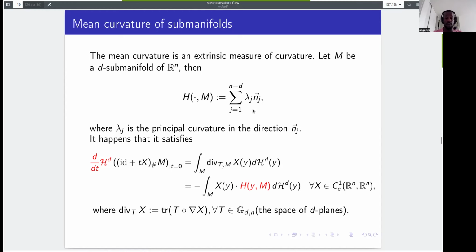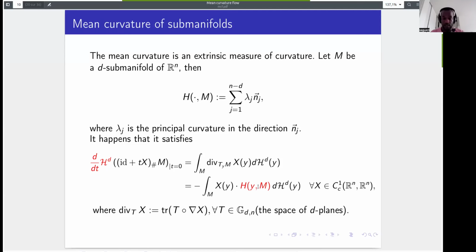Okay, so I forgot to write lambda e differently. So lambda e, you can write it as a divergence of n. Lambda j is the divergence of nj somehow. So we see here a divergence. You use a divergence theorem to pass the divergence from X to somewhere else, and this somewhere else becomes the mean curvature.